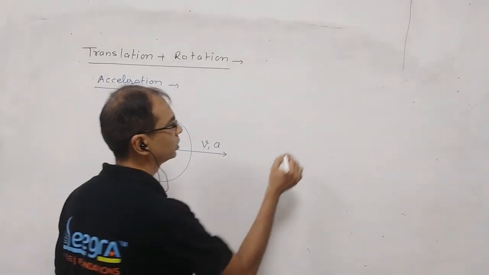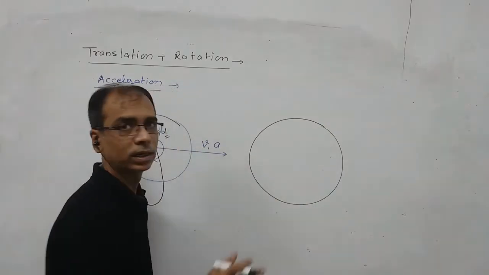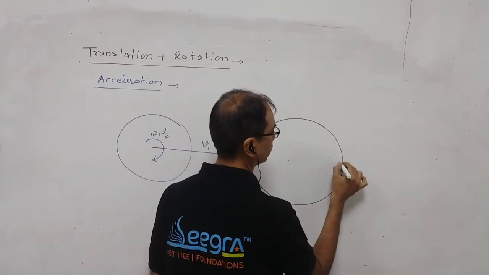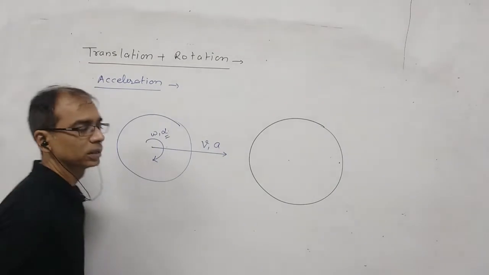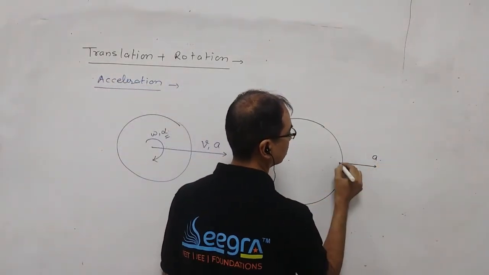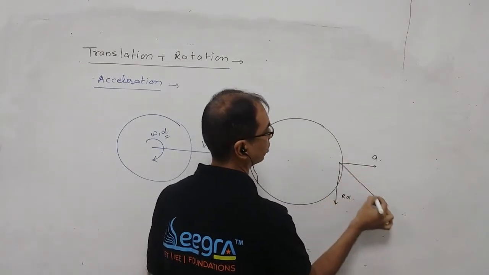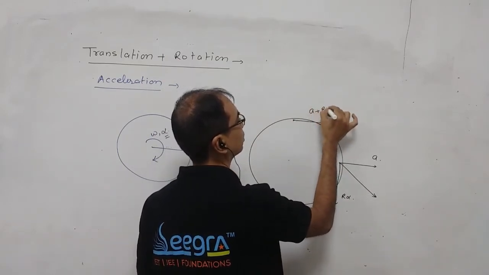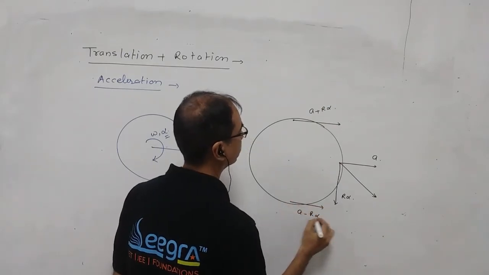I'm just making it the same way as we did in the case of velocity. Every point's velocity I'm directly making here; I'm not making three wheels separately, I'm directly adding it to this one. So at this point, if we consider the acceleration like this and the angular acceleration like this, then this point's acceleration A is in this direction, and R alpha is downwards. The resultant we know: at the topmost point, A plus R alpha; at the bottommost point, A minus R alpha.